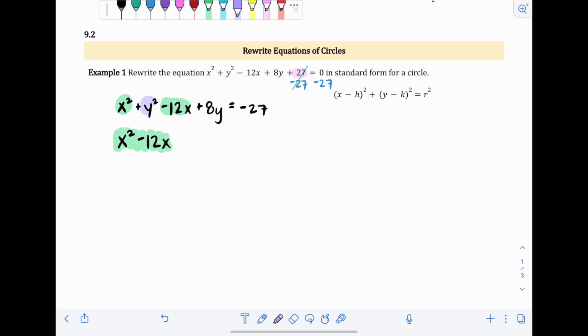And then for the y's, I'm going to group the y's together, so y squared and 8y, making sure I put the y squared one before the 8y. So y squared plus 8y, and then equals negative 27 on the other side.